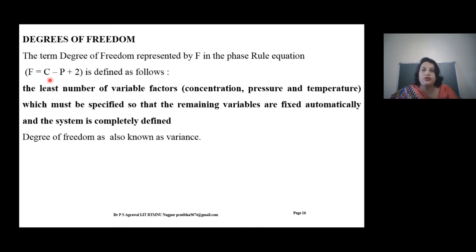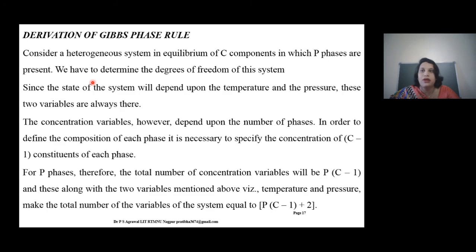Now we will derive this phase rule, F is equal to C minus P plus 2. Now Gibbs phase rule. Consider a heterogeneous system in equilibrium. The components are C. Pressure and concentration must be specified here. These are the variables which must be fixed in order to define the system completely.